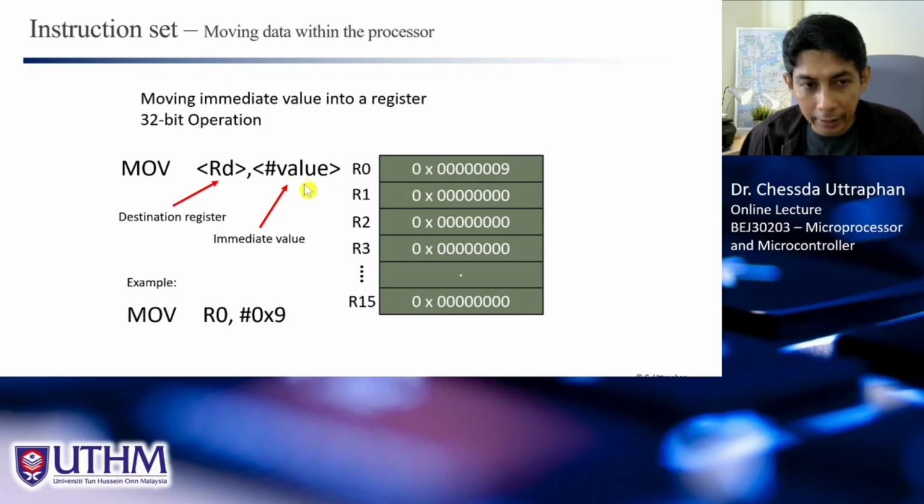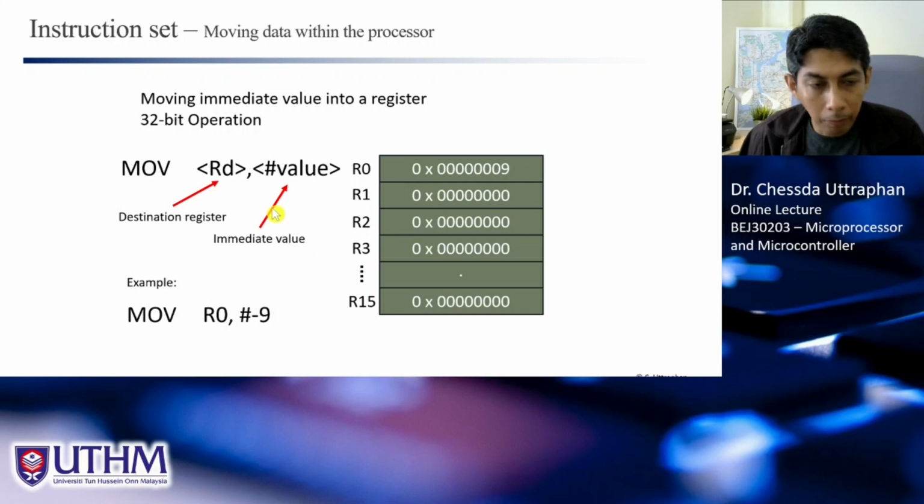Okay, we will see the reason later on why the number here cannot be more than 16. All right. For example, if you want to move a 32-bit number into the register using one instruction, you cannot do that, right? So if you cannot do that, how to do? Okay, after this.